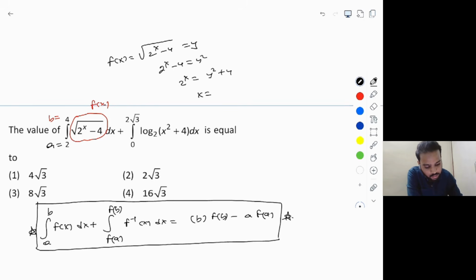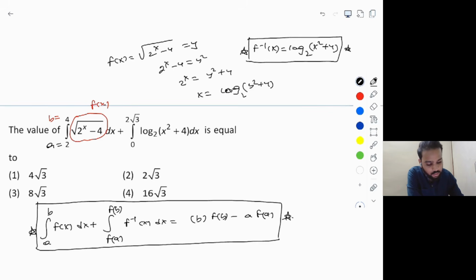So finally you get x is equal to log of y square plus 4 to the base 2. So we get the x value as this, but x is nothing but f inverse of y. And if I interchange the variable, I get f inverse of x is equal to log of x square plus 4 to the base 2. So we have found the inverse of this function.